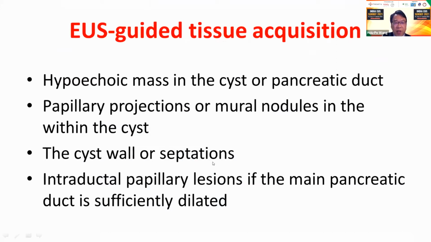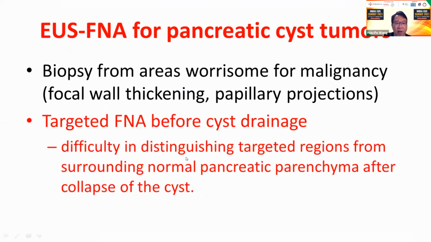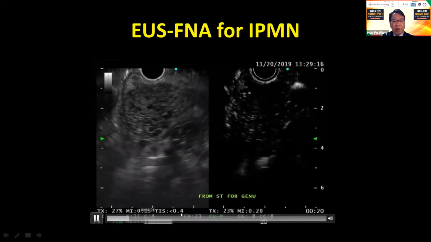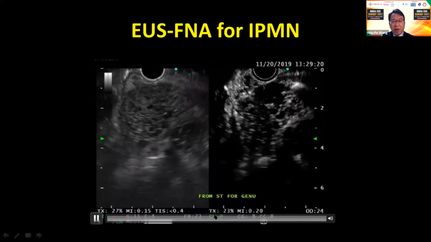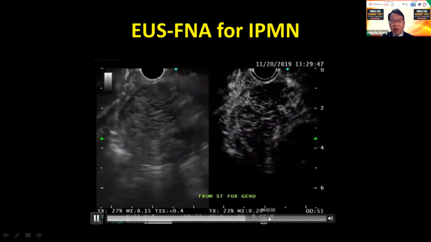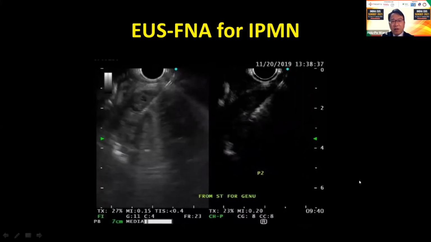Sometimes the cyst wall or the solid intraductal papillary lesion is targeted if the main pancreatic duct is sufficiently dilated. Some studies also show that targeted FNA before cyst drainage is better, because after draining the fluid, it is difficult to discriminate the target lesion from the surrounding normal pancreatic parenchyma. And this is our case after the contrast-enhanced study. We punctured the enhanced site and got the tissue.